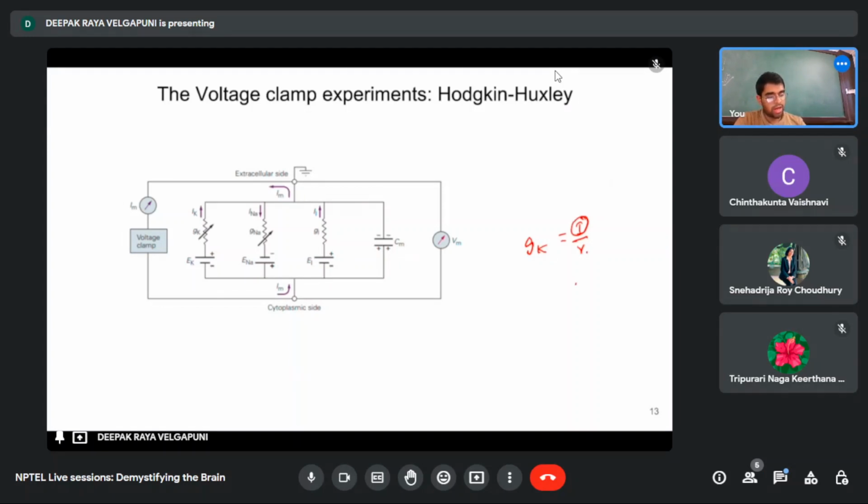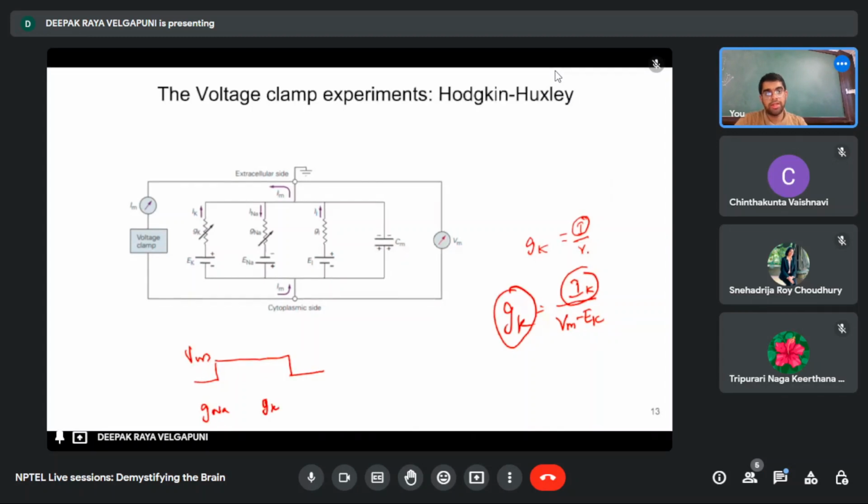It is I by Vm minus Vk, so IK. By measuring the current, you can say what the conductance is and how it changes over time when you give a command voltage of some Vm. When you give Vm, how are GNa and GK changing? The thing is, both ion channels can be open or closed, so it's a mixture of conductances.